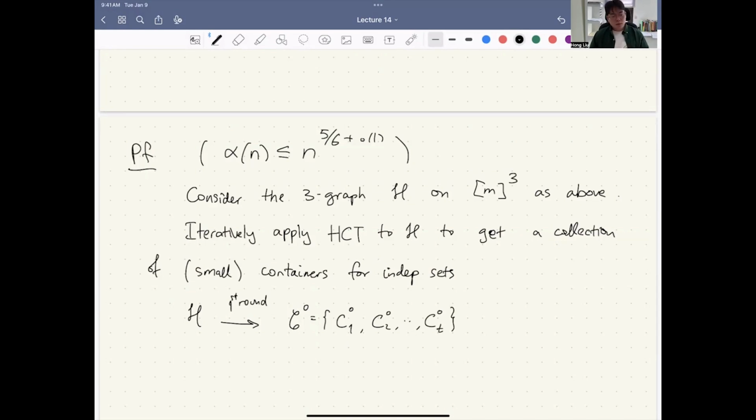Now if a container is small, we don't do anything.